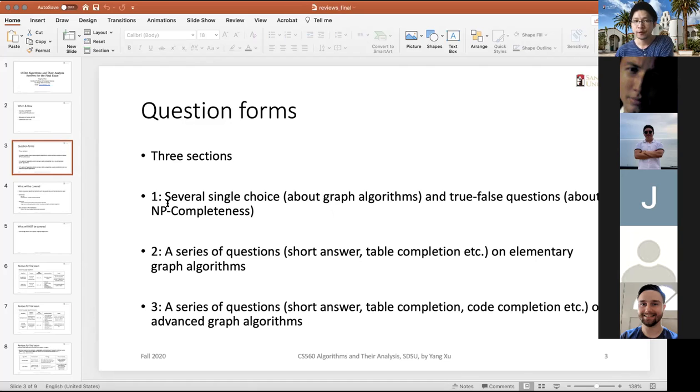And for the second and third sections, for each section, there will be, I would say, 5 small questions also. Yeah, and these questions are kind of continuous, related to each other, like different parts of a bigger section. Okay, thank you.